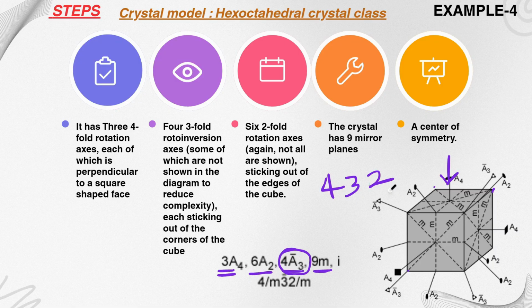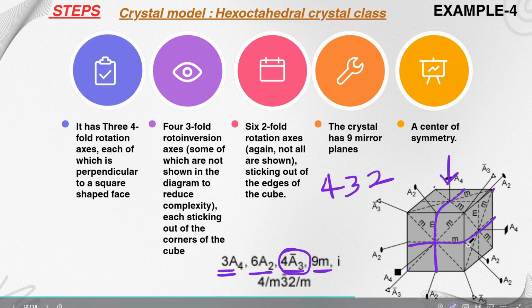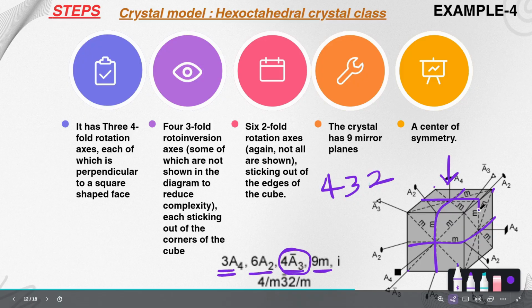Okay, and for the relationship, we have to find whether the center of symmetry is present or not. So the 4-fold axes have the principal planes of symmetry. This one, for example, is perpendicular to C, this one is perpendicular to B, and this one is perpendicular to A. So these 3 principal axes have mirror planes perpendicular to the 4-fold symmetry.